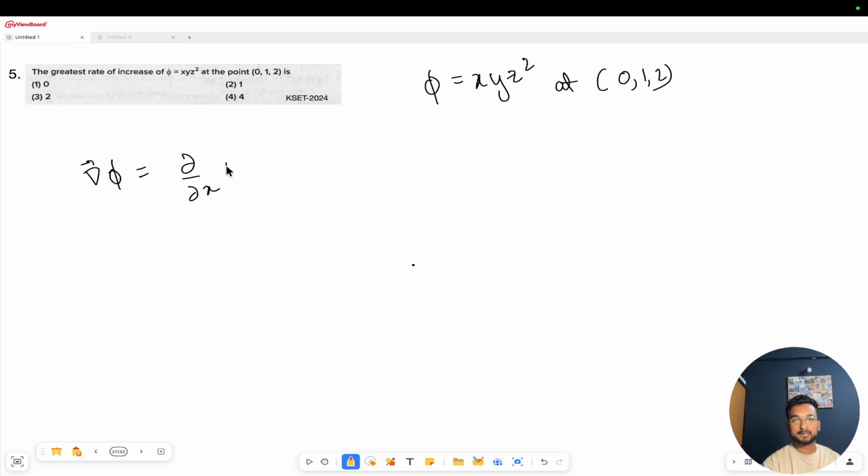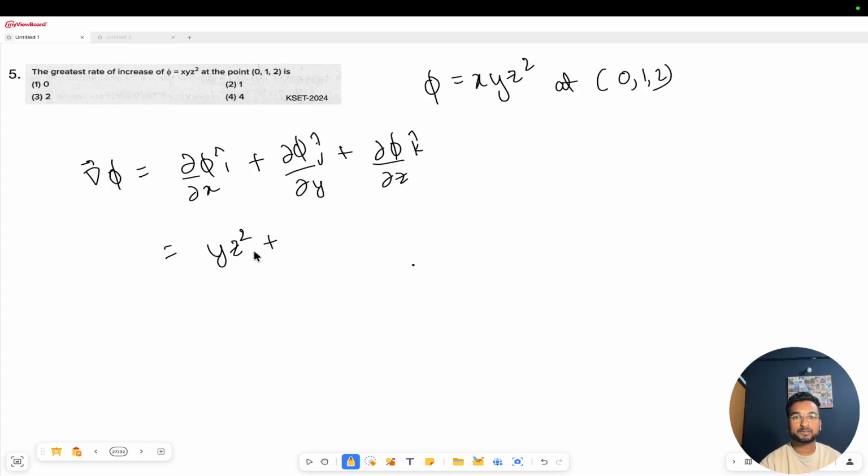Del phi by del x I cap plus del phi by del y j cap plus del phi by del z k cap. Differentiating with respect to x, you will get y z square I cap. With respect to y, you will get x z square j cap. With respect to z, you will get 2xyz k cap.